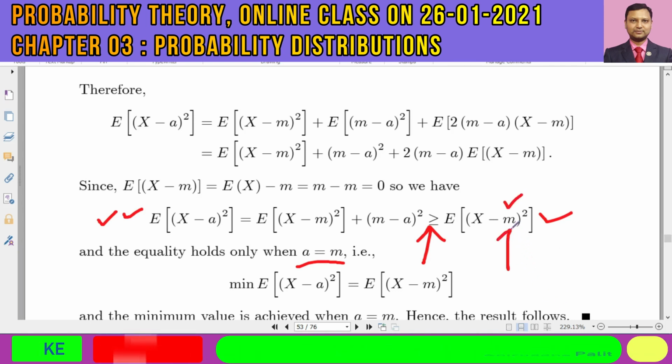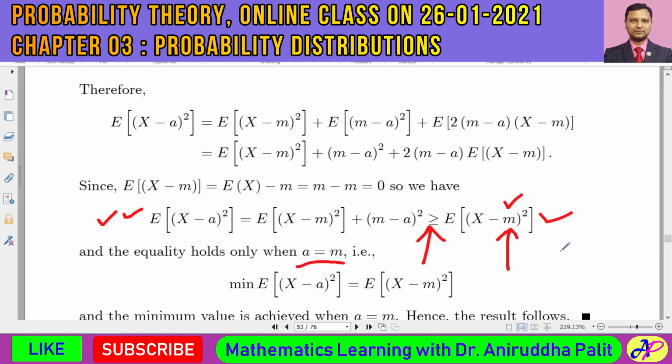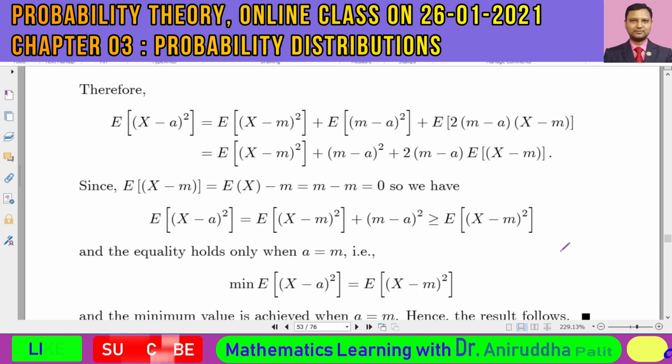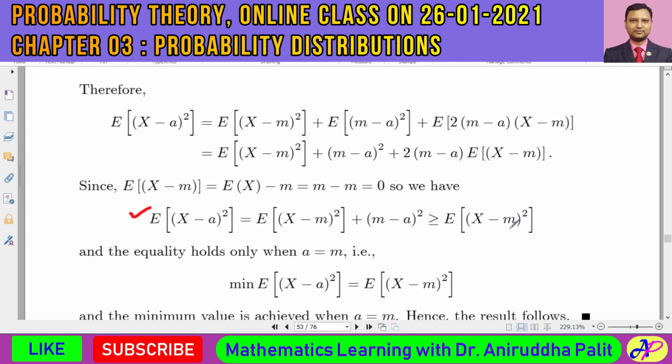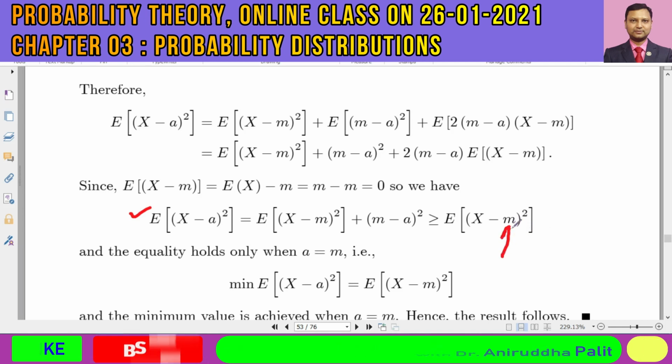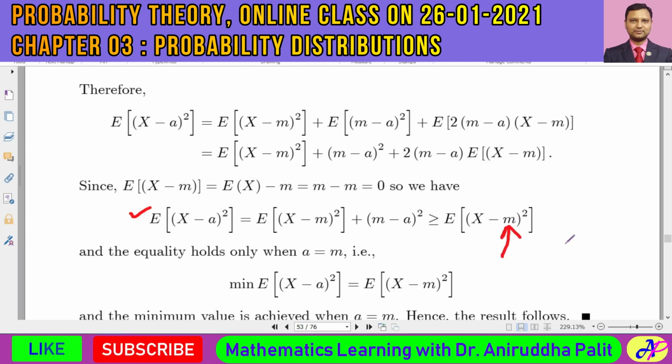Over here you see, in place of a we have the mean value m. That's why we say that the minimum value of the expectation of x minus a whole square arises when a is equal to the mean value of the distribution, m.